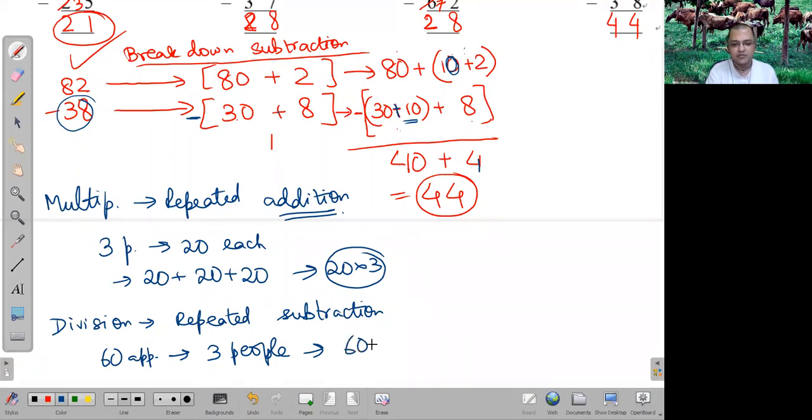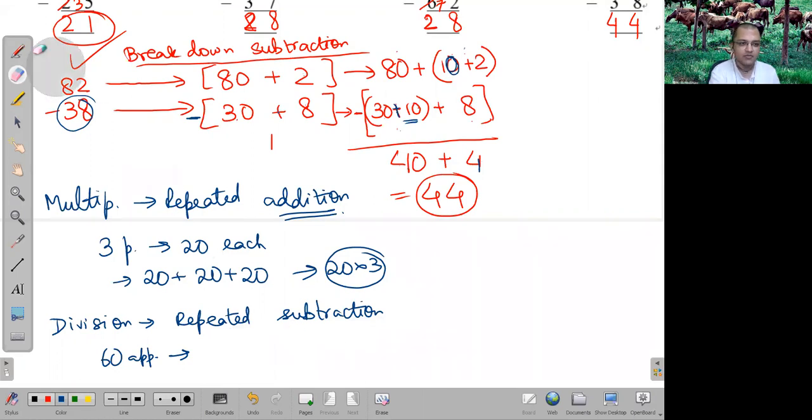From 60, if you give 20 to the first person, again give 20 to the second person, again give 20 to the third person, you are left with 0. And if you are left with 0, your division is perfect.